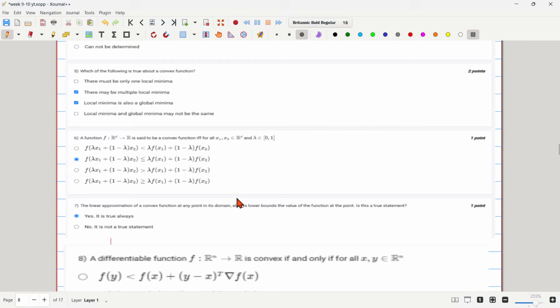And a convex function is basically used for determining the local minima. In a convex function, local minima is equal to global minima. I hope it is clear.